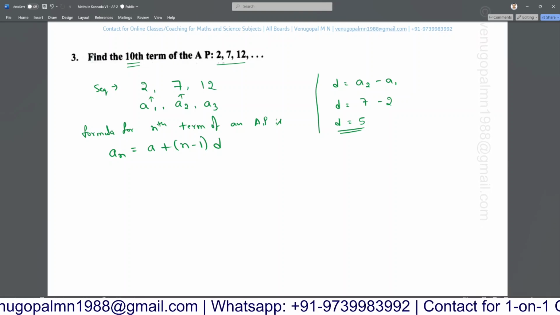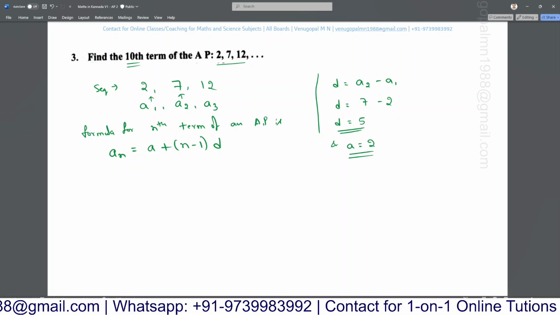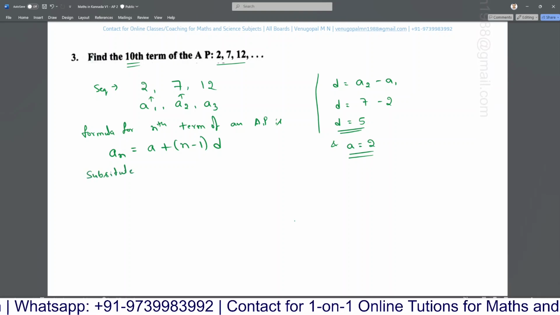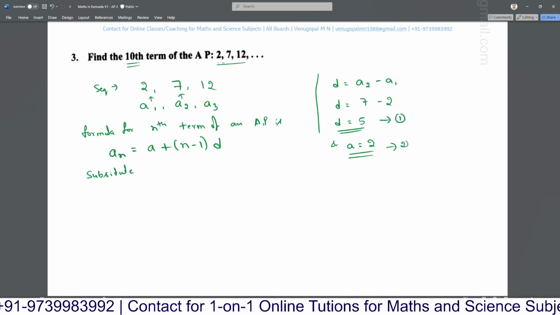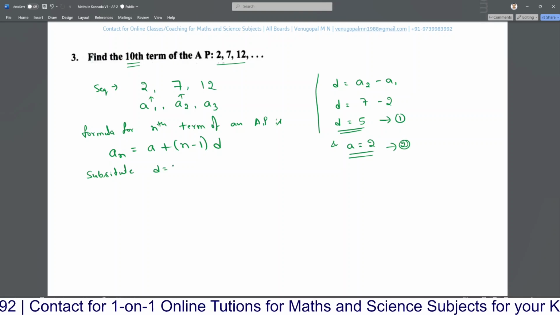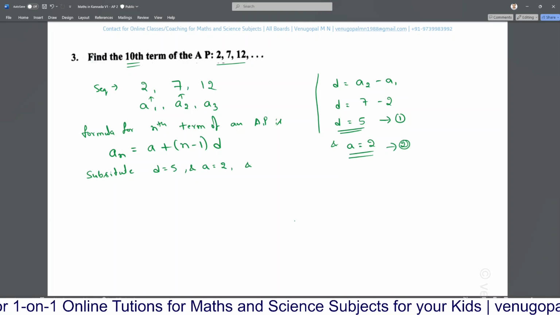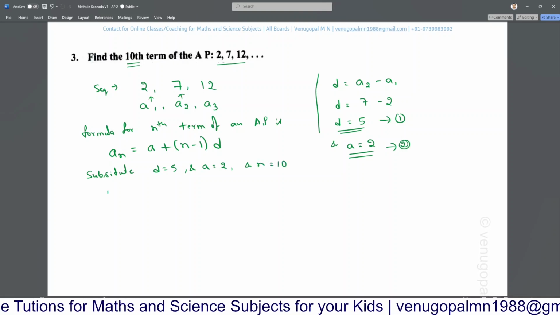A is equal to 2. The first term is equal to 2. Substitute D is equal to 5, A is equal to 2 and n is equal to 10 in the above equation.